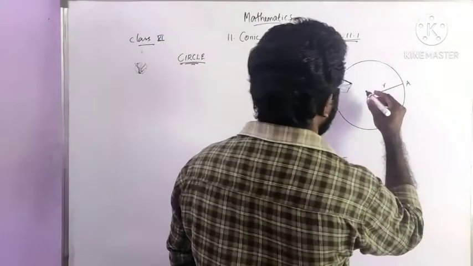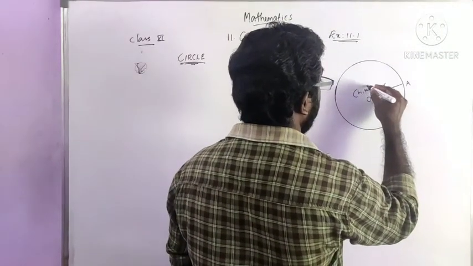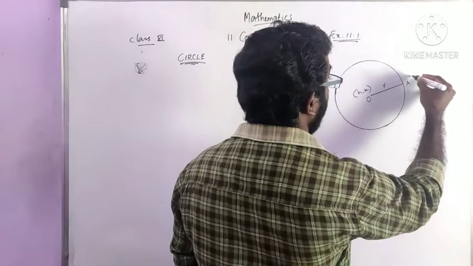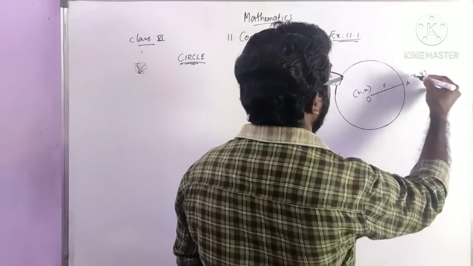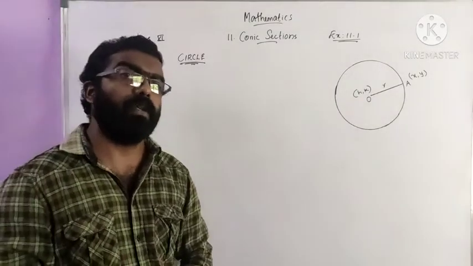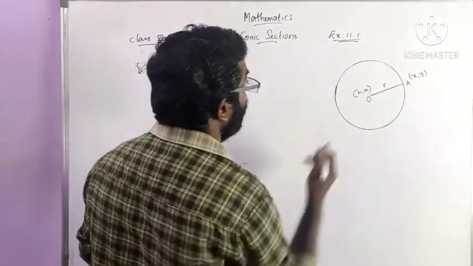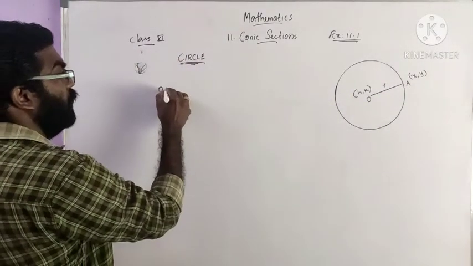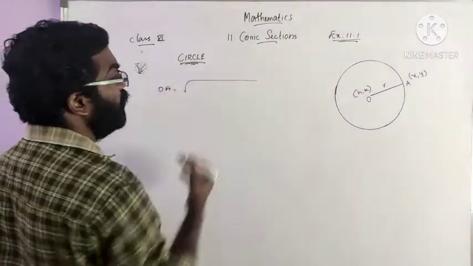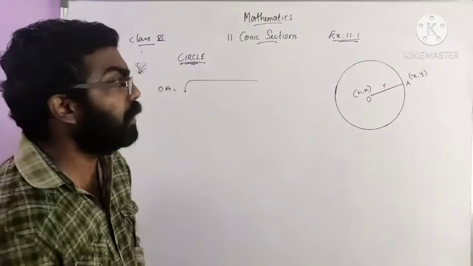And if the coordinate of the center of the circle is h comma k, and this arbitrary point we can consider as x comma y, then we can find the equation of the circle using the distance formula. So OA is equal to square root of x2 minus x on the whole square plus y2 minus y on the whole square.